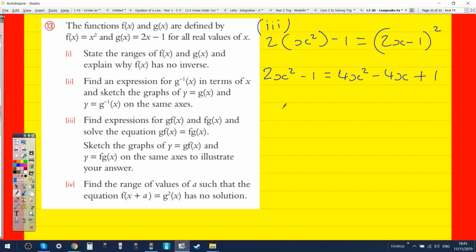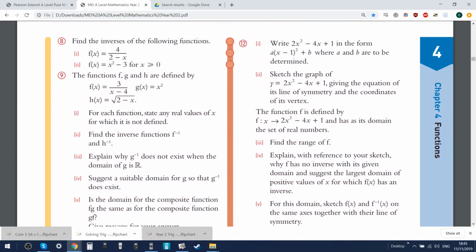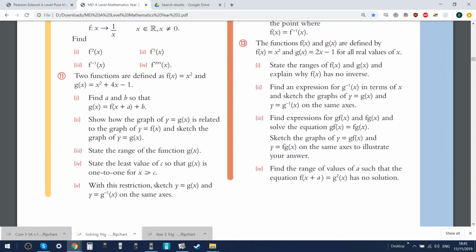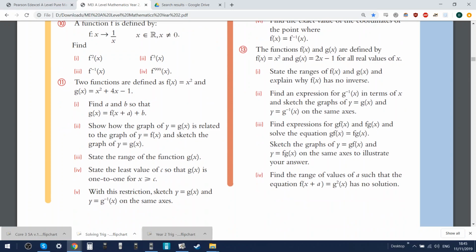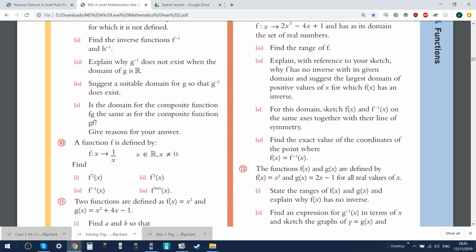And then find the range of values for A. Did we do A? No, we didn't see it. Let me just see. So there's some inverse functions. Finding the domain and range is trivial if you use your calculator. So the domain and range is just the values they go up to in the x and y direction, right?